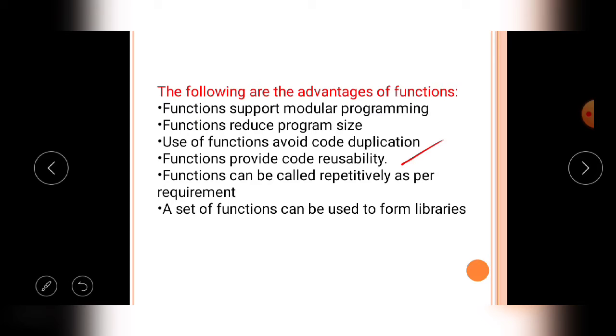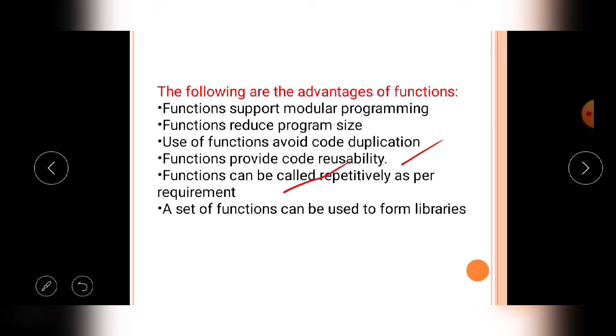Then next, functions can be called respectively as per requirement. For example, in a program there are 10 functions, or so many functions. According to the requirement, the programmer can call some functions from that group of functions.